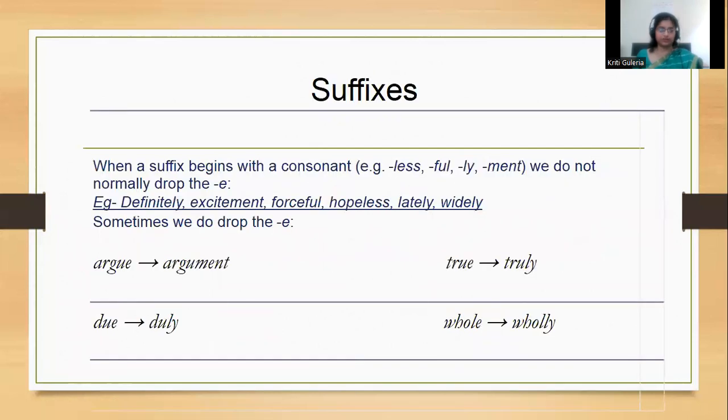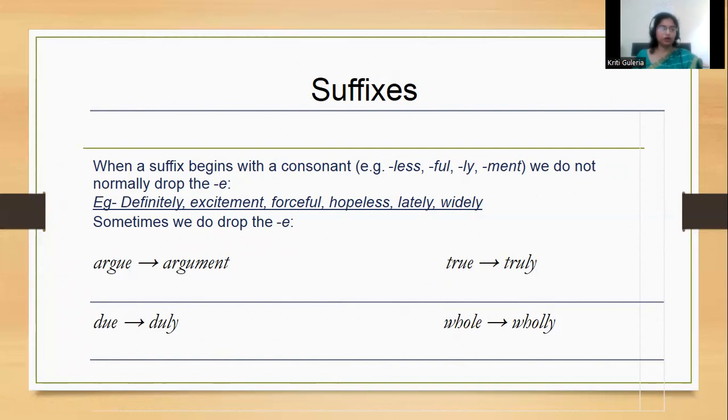Moving on to suffix. Suffix means those words or parts which are added later to the original word. When a suffix begins with a consonant, we do not normally drop the E. For example, argue is a word ending with E, which is a vowel.